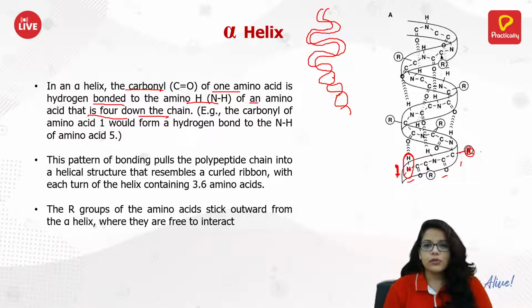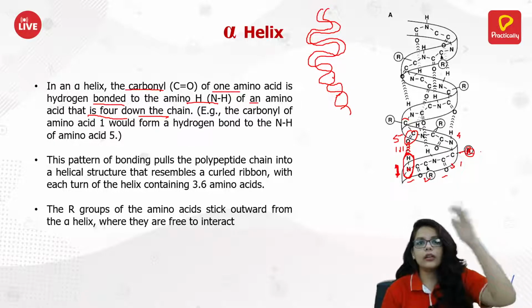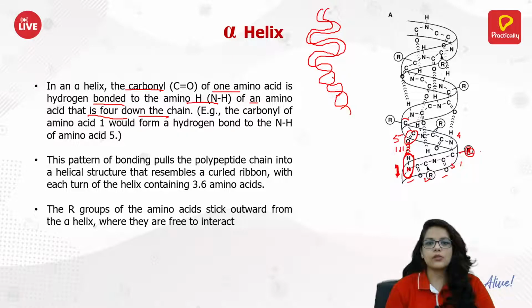Position 1 amino group is hydrogen bonded with the position 5 carboxylic group. This is position 1, this is 2, this is 3, this is 4, this is 5.